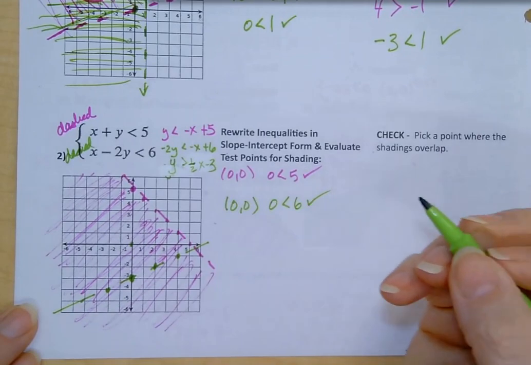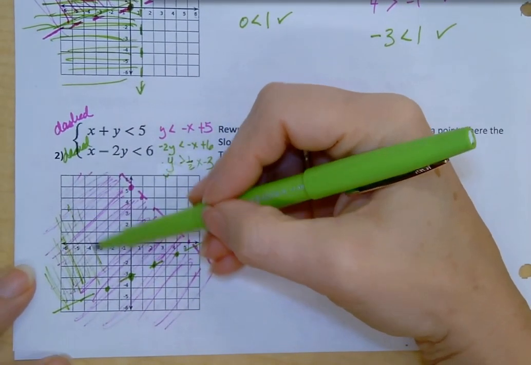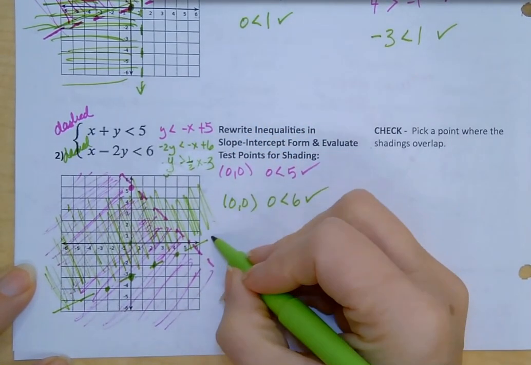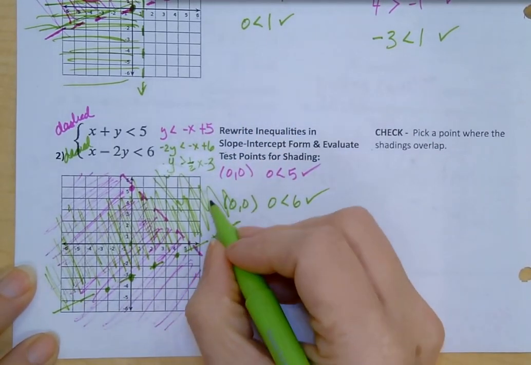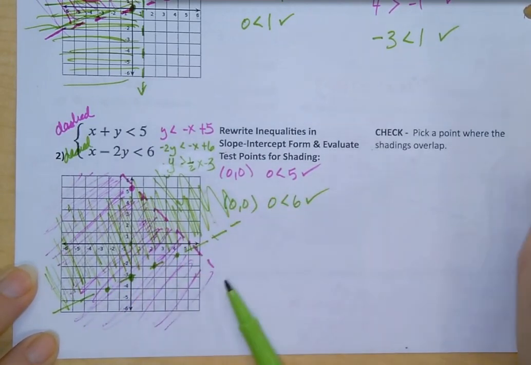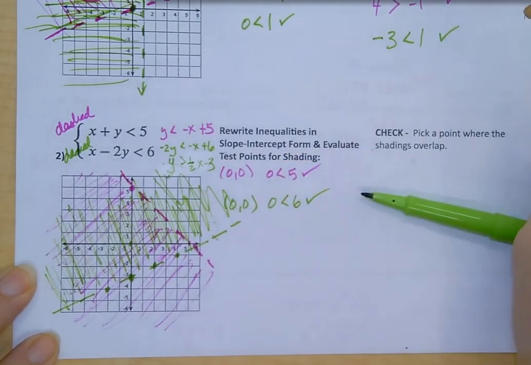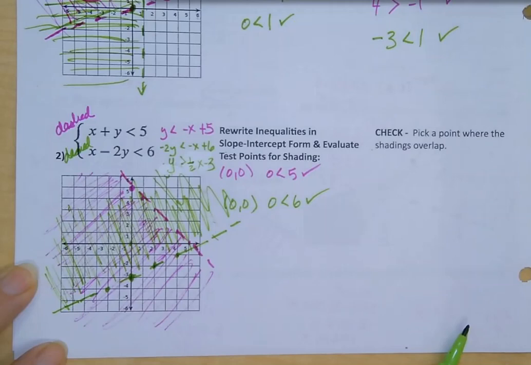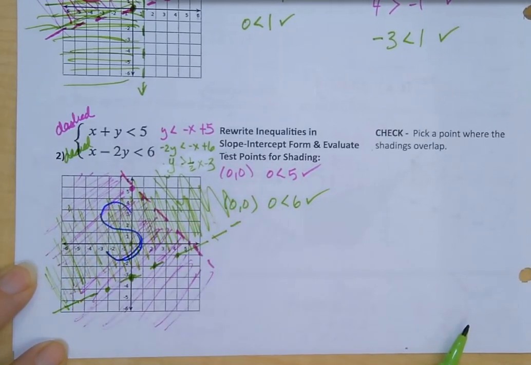So 0, 0 works for that also, and it means that I'm shading everything above my dashed line. Now remember, I'm shading everything that goes on forever in this direction, right? So this part right here is only shading green. Everything below this boundary line and everything above this boundary line is what I'm going to include as my solution. So here is my solution set.